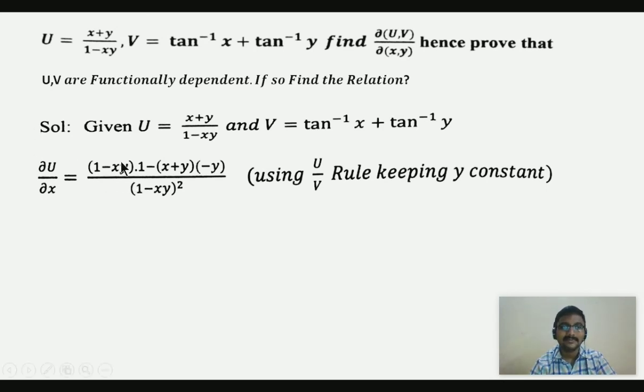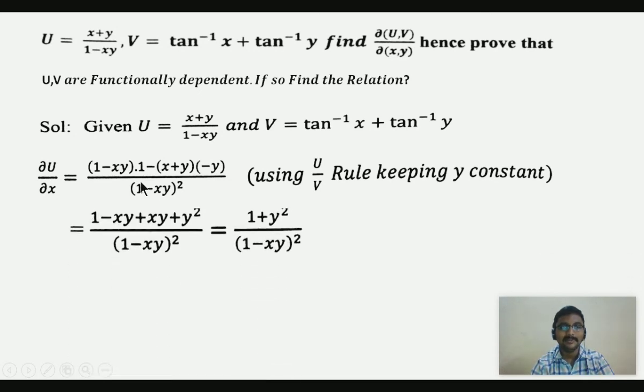So 1 minus xy kept as is, x plus y derivative is 1, minus (x plus y) kept as is, 1 minus xy derivative: 1 derivative is 0, minus xy derivative is minus y, because we are evaluating the partial derivative of u with respect to x, keeping y as constant. So whole by v square, v square means (1 minus xy) whole square.